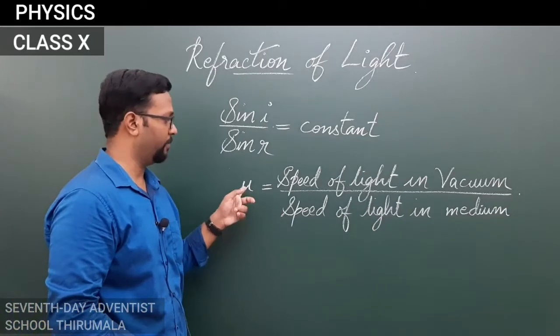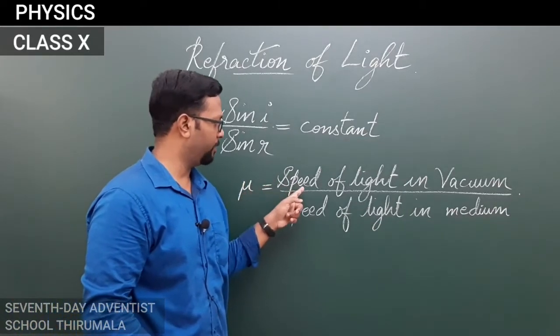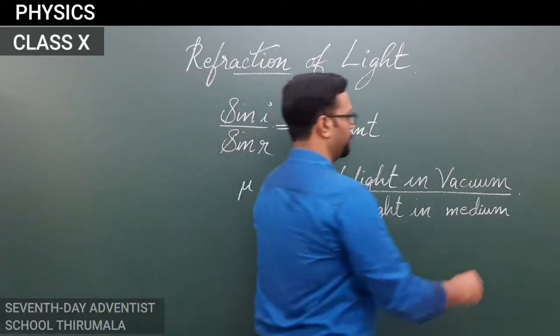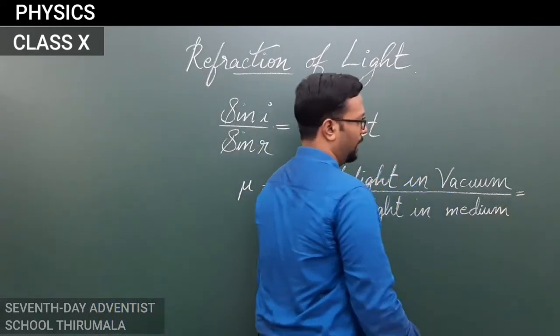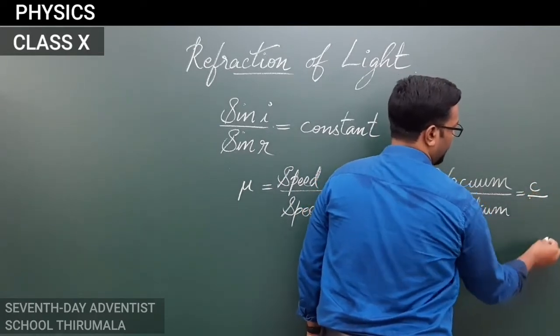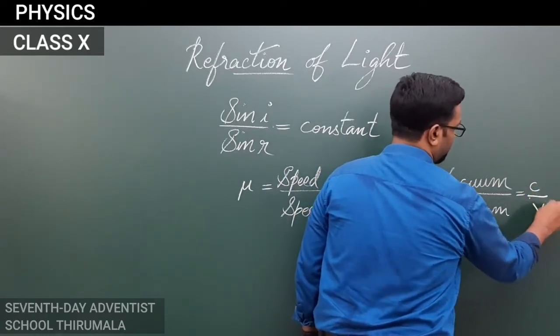So absolute refractive index can also be found by the formula speed of light in vacuum divided by speed of light in a medium. That is, the velocity of light in vacuum is represented by the symbol c and the velocity of light in a medium is represented by the symbol v.